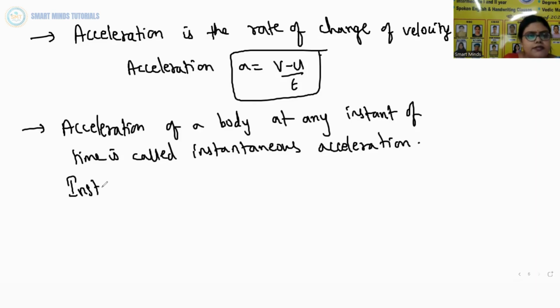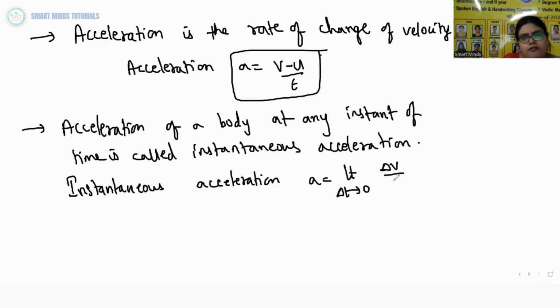And instantaneous acceleration, what is the formula? a is equal to limit delta t tends to 0, delta v by delta t. That can also be written as dv by dt. That is dv by dt is rate of change of velocity with respect to time. Okay. If suppose you have dx by dy, that means rate of change of x with respect to y. So that is the meaning of dx by dy or dy by dx.